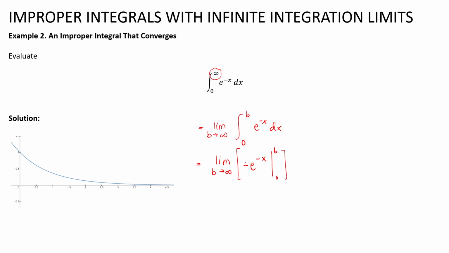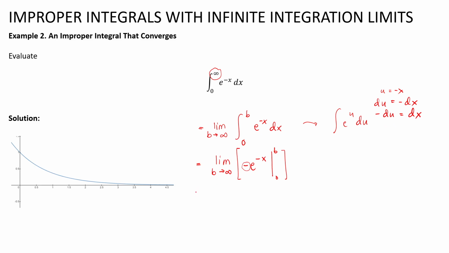So why is it negative e raised to negative x for the integral? Take note that the format is e^u du. Let u be negative x. So du is equal to negative dx. Then you have negative du equals dx. That's why we have a negative symbol here.